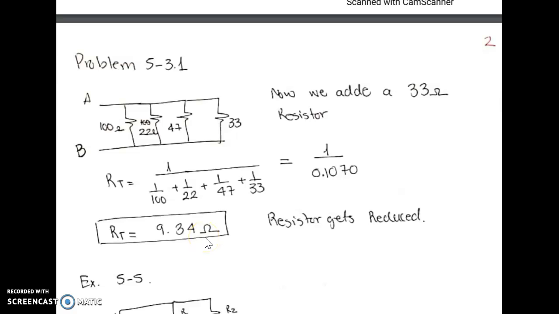In this case, the resistance decreased, and in observation here, if we would have added a huge value of a resistor here, the value of the resistance would maybe not have decreased as much.